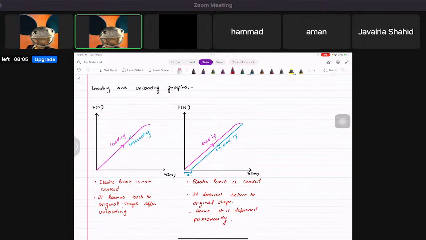So as you can see, even when the force is 0, it still is showing some deformation. So it means that now you can't fix it, unfortunately. Okay.